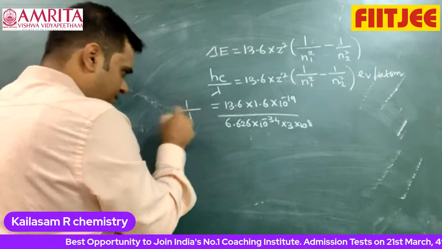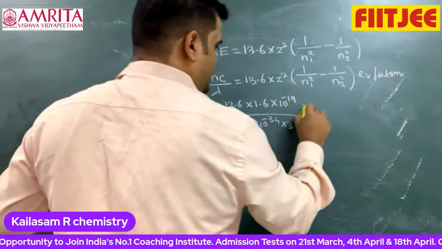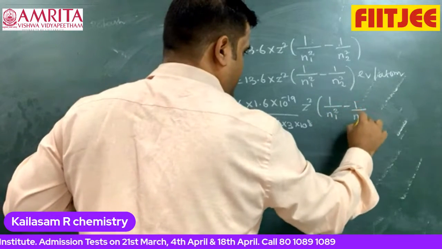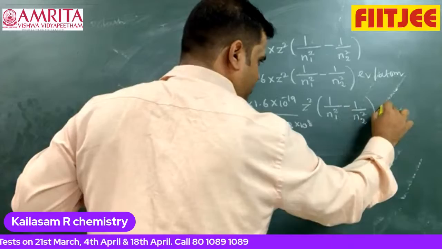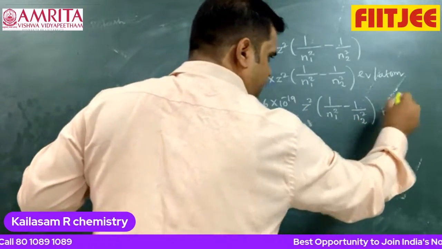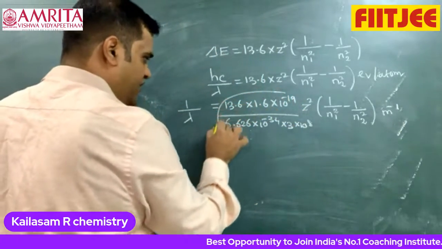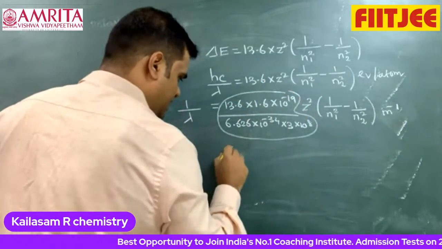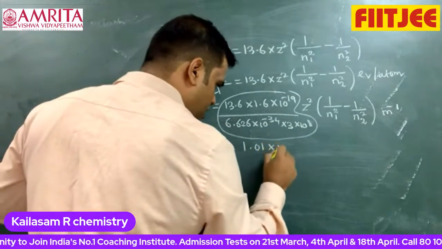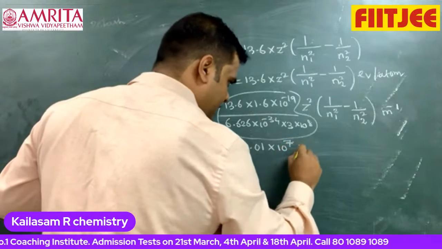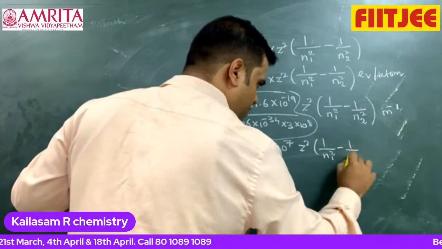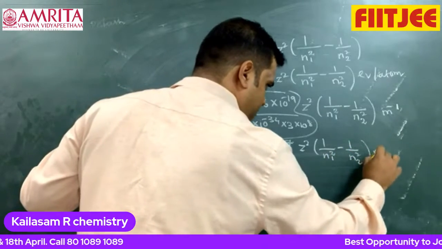Then 1 by lambda remaining is Z squared times (1 by n1 squared minus 1 by n2 squared). We get it per meter. If I simplify these values, I can write 1.01 into 10 power 7 Z squared times (1 by n1 squared minus 1 by n2 squared) per meter.